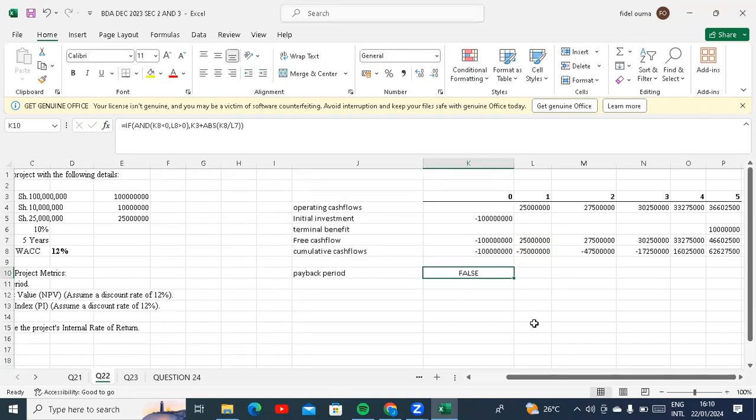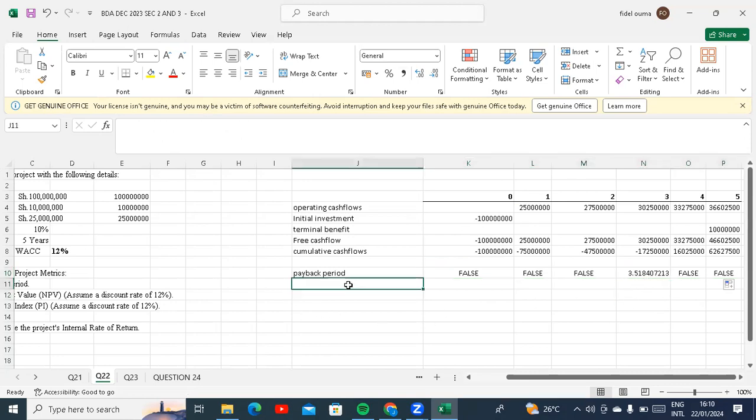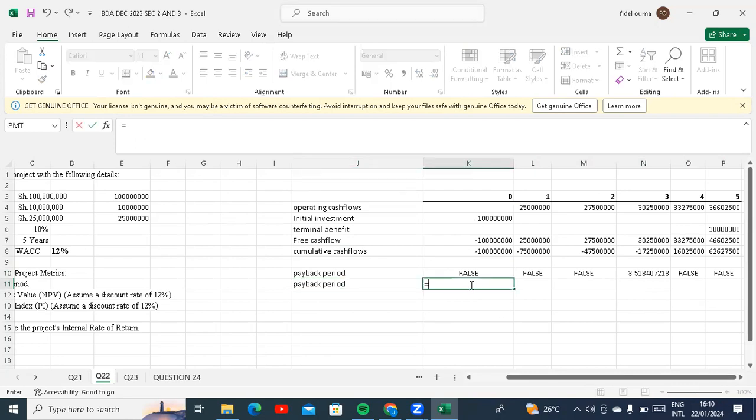It will give you a false impression, so you just drag it all through. When you drag it, you'll realize that year 3 gives 3.5. So the payback period is 3.5 years.